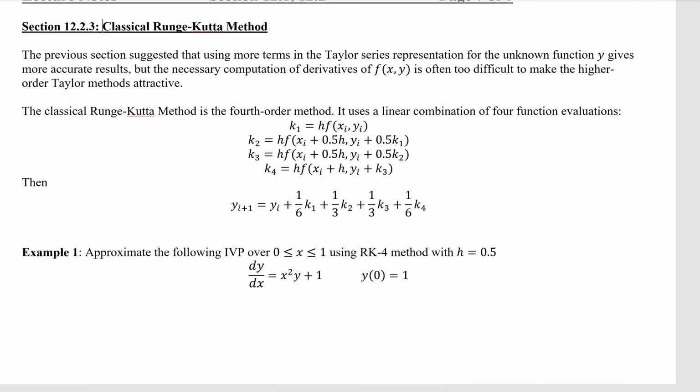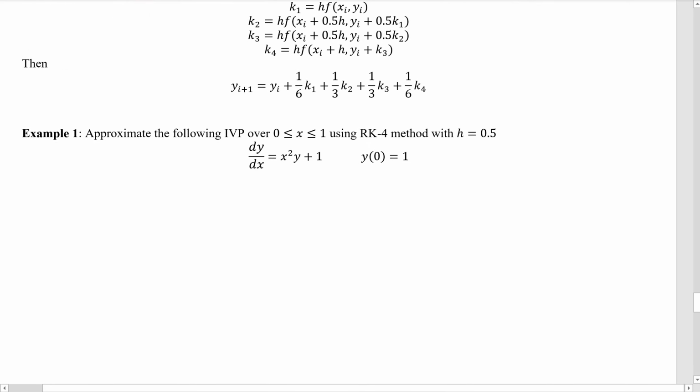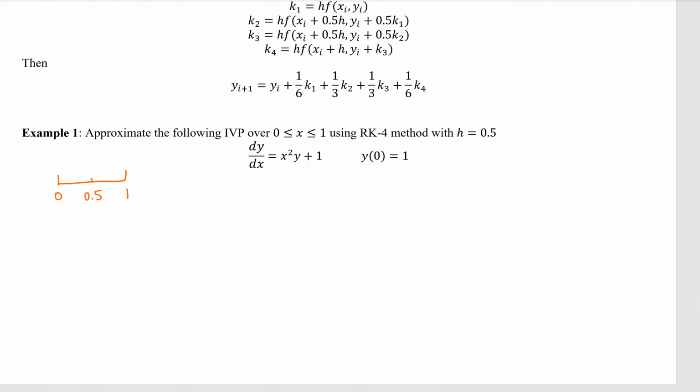We want to approximate the following initial value problem over the interval from 0 to 1 using the Runge-Kutta 4 method with h equals 0.5. Let's draw the picture here. We have the interval from 0 to 1 and h equals 0.5, which means we divide it into two subintervals, so it's basically two steps.